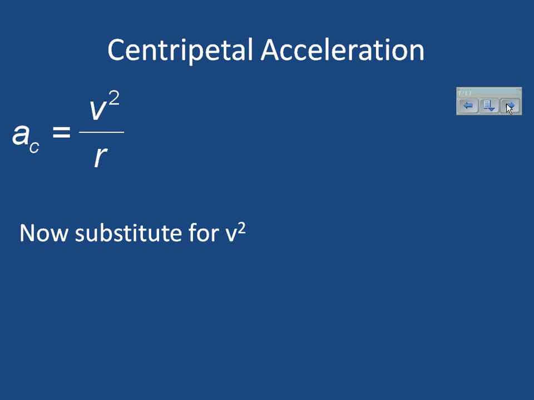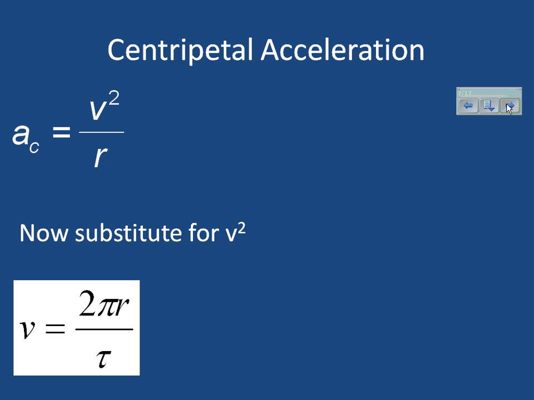So v squared over r: you would calculate your velocity using 2 pi r over tau, and then insert that into your v squared over r.